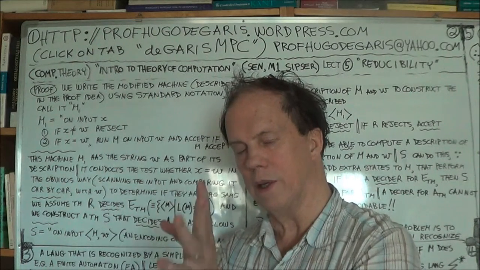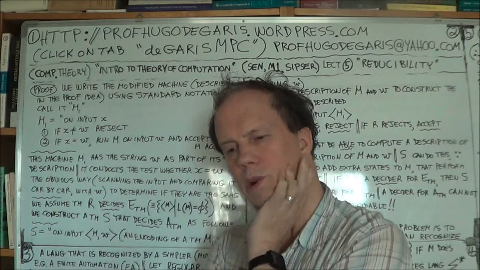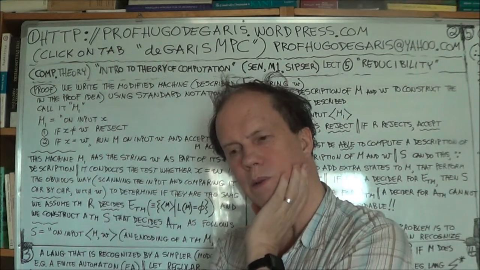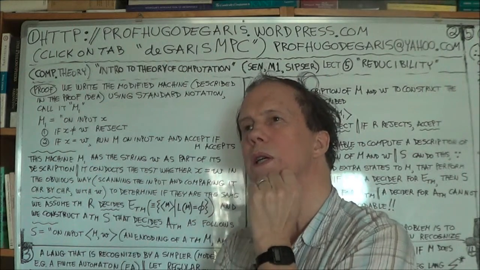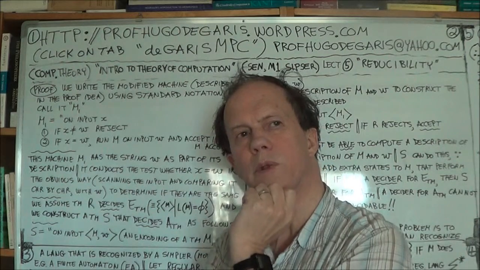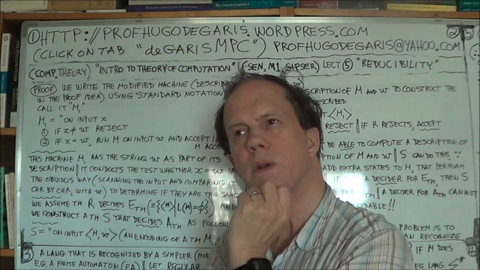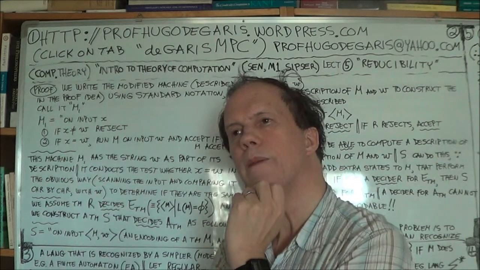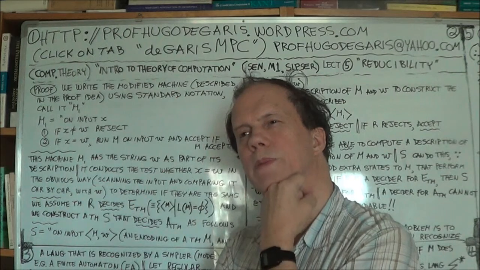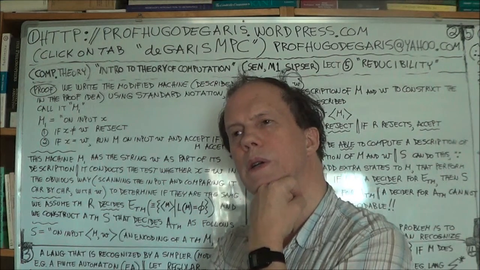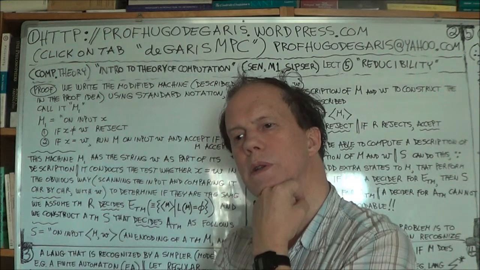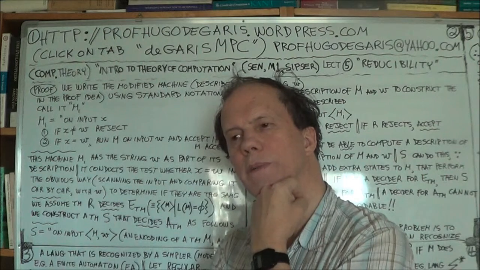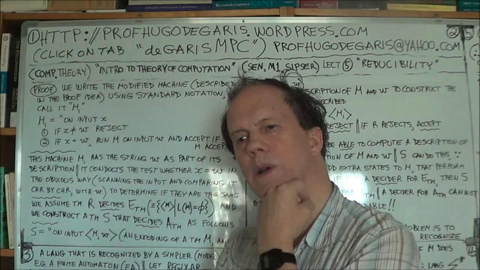Alright? Okay, now we're going to talk about reduction, because Sipser doesn't spell that out, so I thought it would be useful to do that. So in this case, how are we reducing what to what? So we're using R to solve S. Okay, we're constructing S using R as a part. So which way are we going?